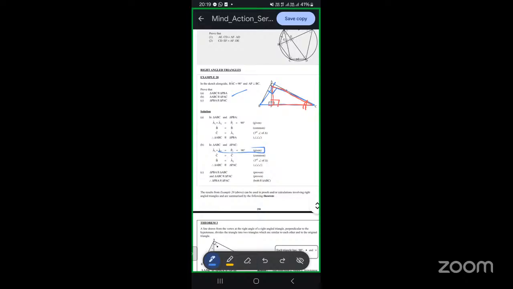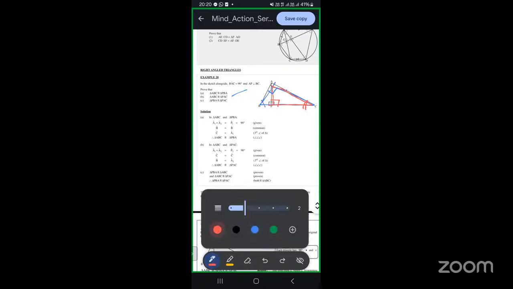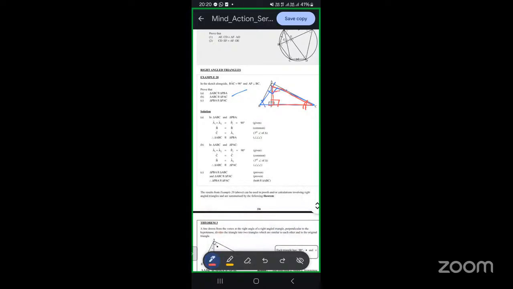And the third one: this angle is equal to that other angle, reason being the third angle of a triangle, like they did here. Now we have proved that triangle ABC and triangle PAC are similar, reason being angle, angle, angle. Then we are done with that.